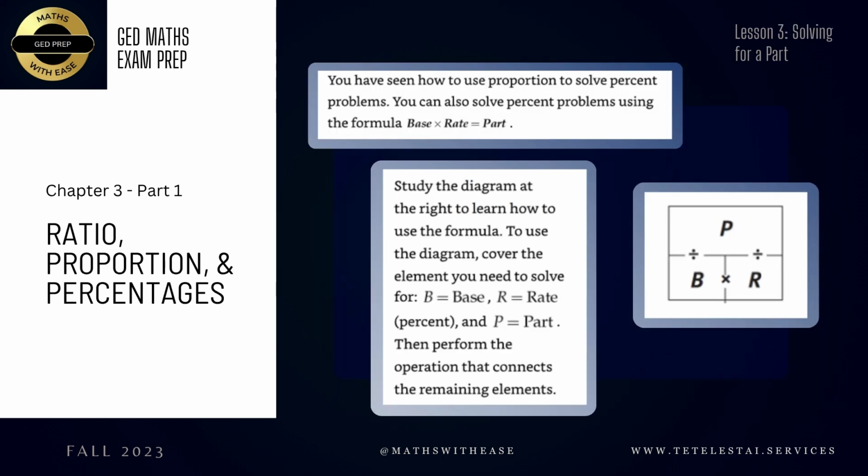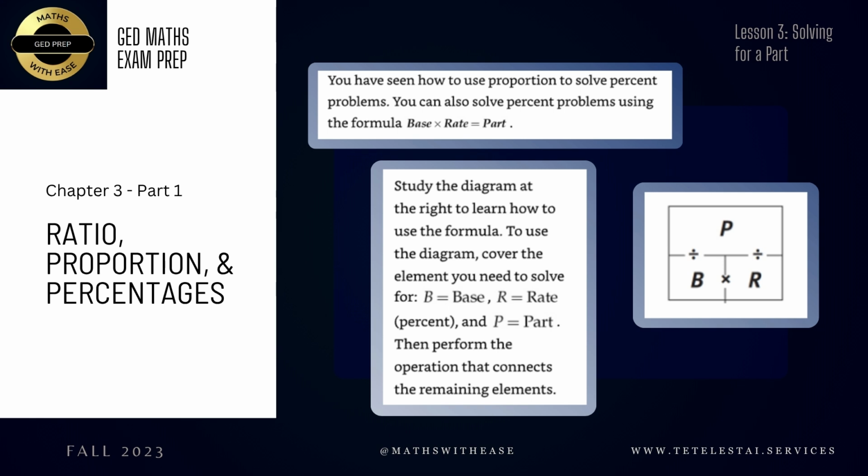You've seen how to use proportions to solve percentage problems, right? So you can also solve percentage problems using the formula base times rate is equal to the part. And you can write out this little diagram to help you recognize or remember that, okay?